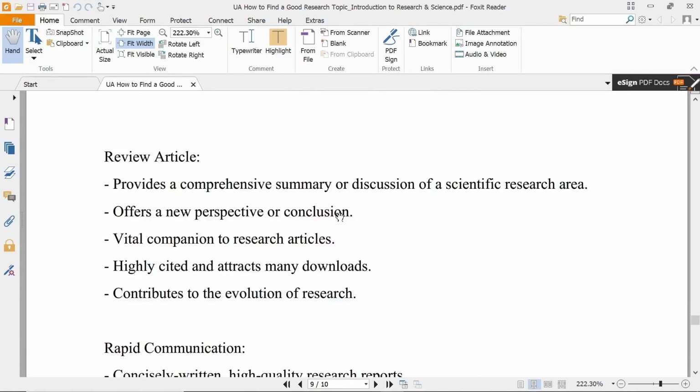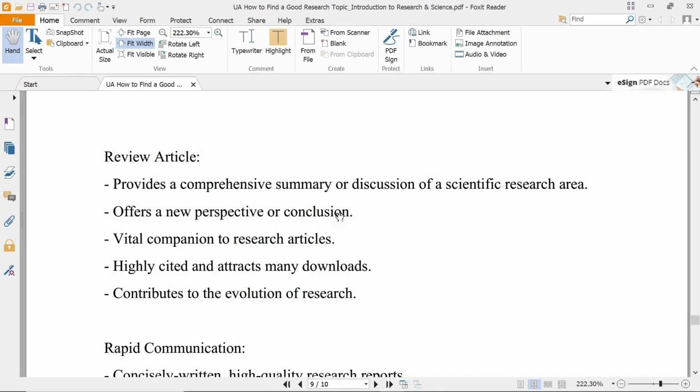Then the other article, after those first two, is the review article, which provides a comprehensive summary and discussion of a scientific research area, and offers a new perspective or conclusion. From there are types of review articles called systematic literature review articles.